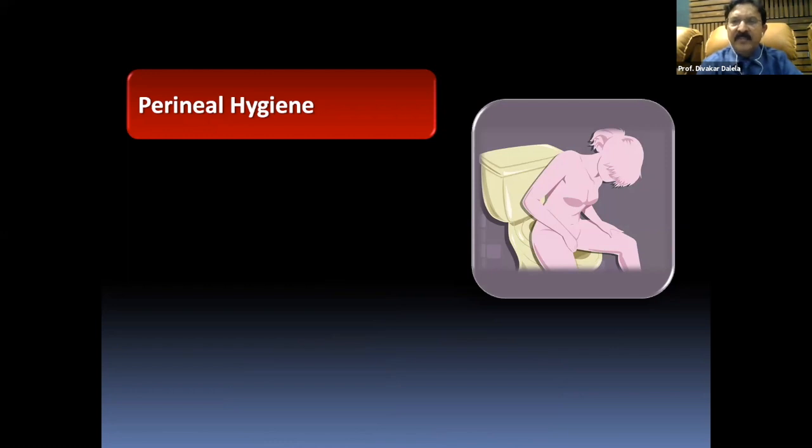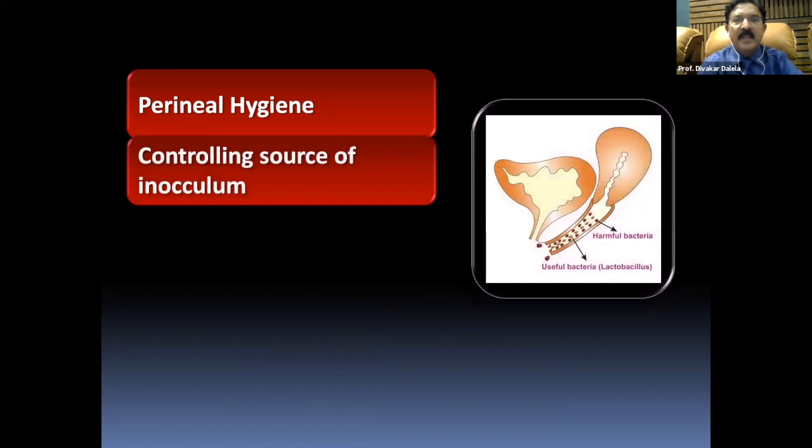If they clean from the front, then the anal bacteria move forwards towards the vaginal orifice and further forward towards the urethral orifice and can create colonization. So they should instead clean the perineal area from behind, right? So the bacteria will not move forwards.